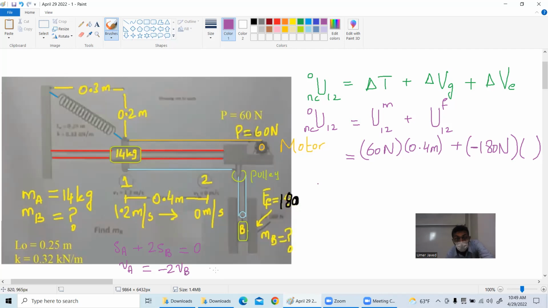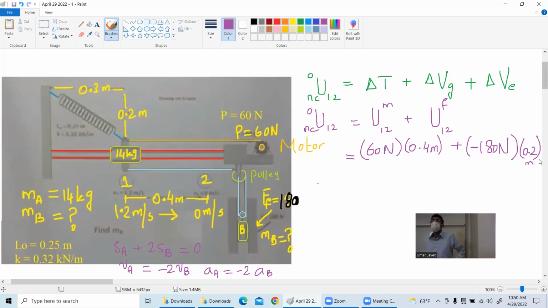And then we have AA equal to negative of 2AB. Okay. So when this 14 kilogram fellow moves SA, then the counterbalance moves half the distance. So I will say if this fellow moves 0.4 meter, the counterbalance moves 0.2 meter. Is it clear or not?